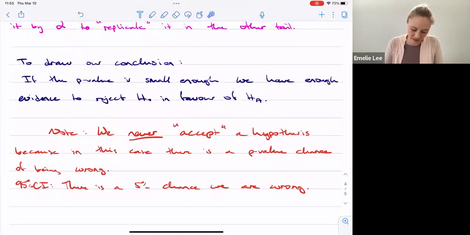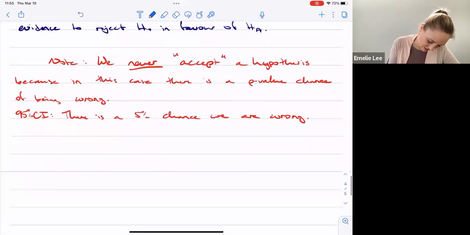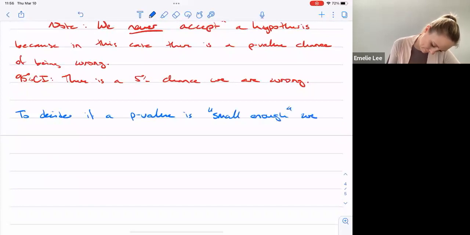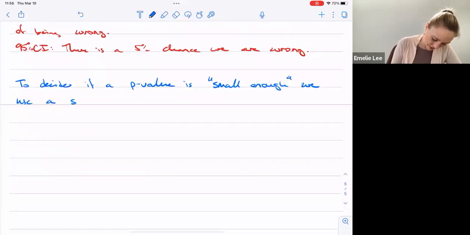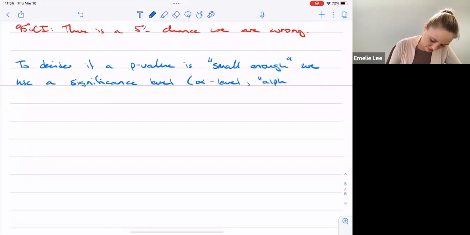So to decide if a p-value is small enough, we use what we call a significance level or an alpha level. Okay? So to decide if a p-value is small enough, we use a significance level, which is an alpha level, or alpha, I'll write it out.